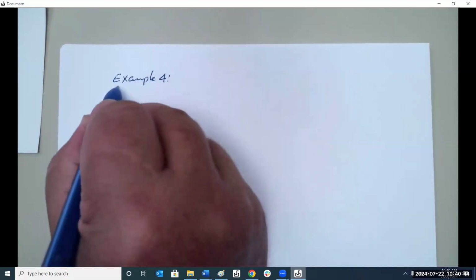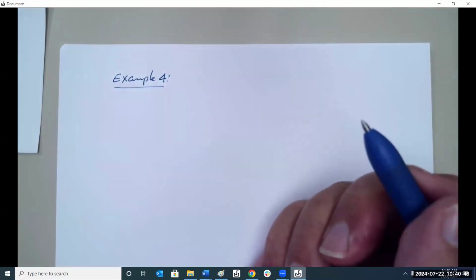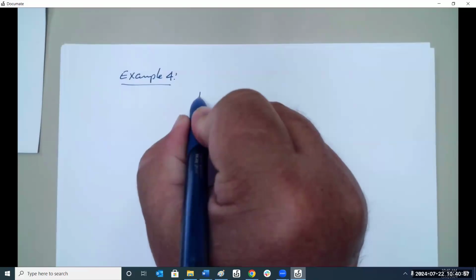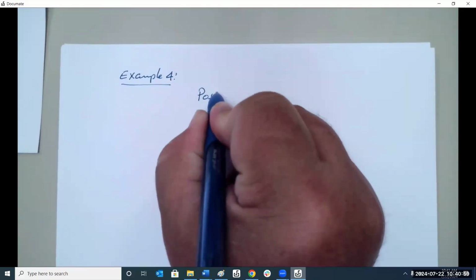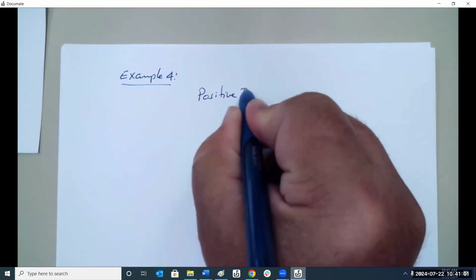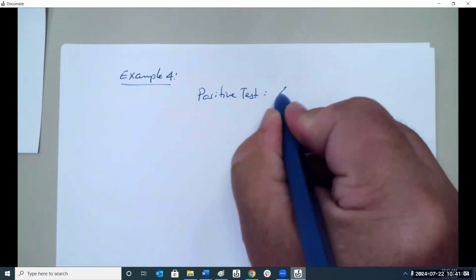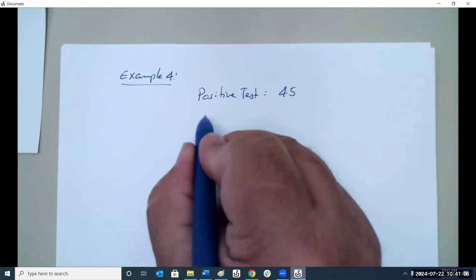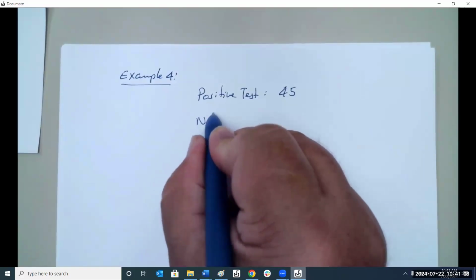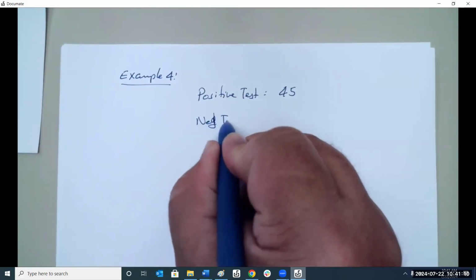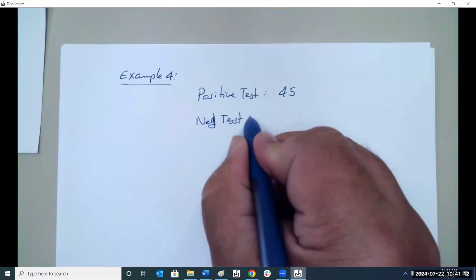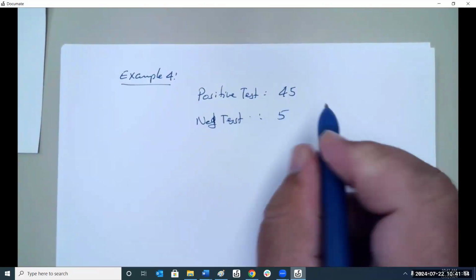Example 4. Drug screening and the basic multiplication rule. Let's only use the 50 test results of the subjects who used drugs. Remember, we had 45 positive test results. Of the subjects who used drugs, 5 tested negative.